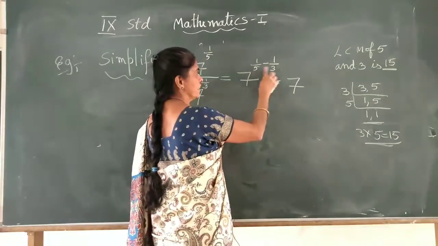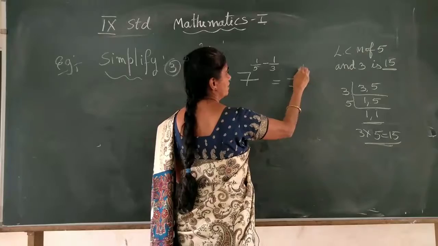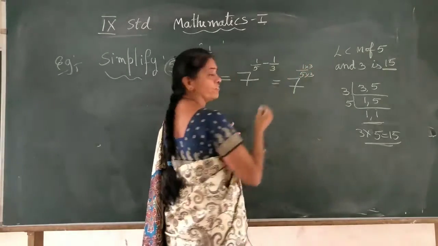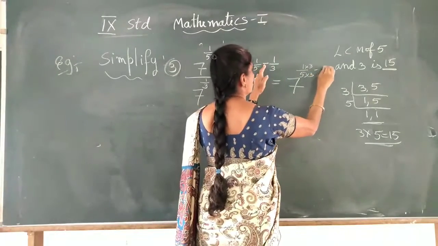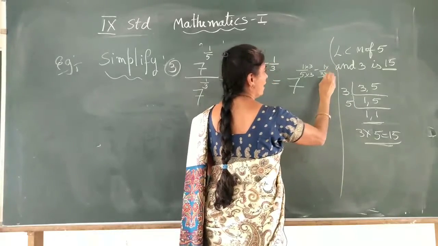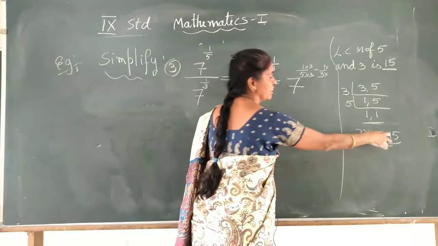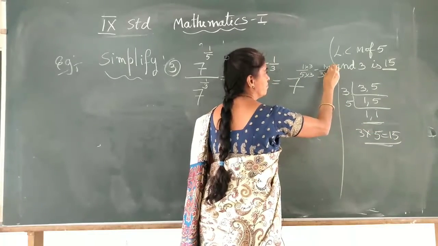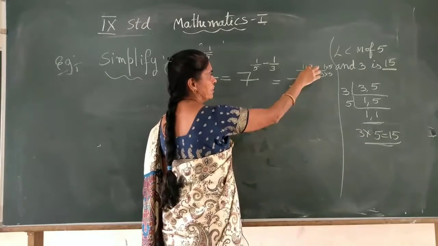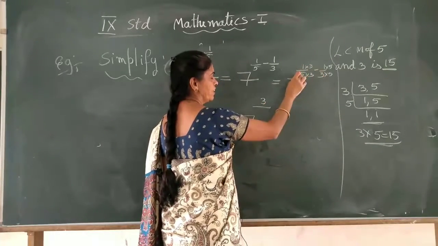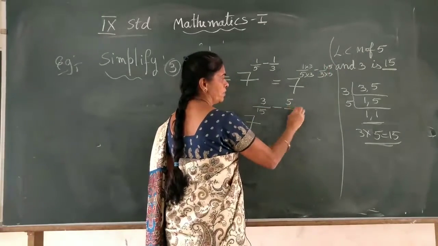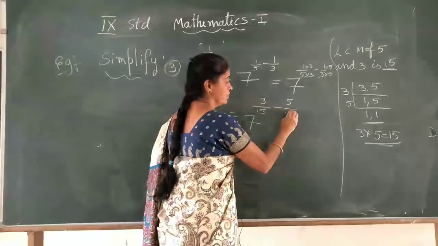So, you have to change this into 15. So, which number you have to multiply to make it 15? 5 threes are 15, right? Minus. So 1 by 3 is there. So which number you have to multiply to make 3 into what is equal to 15? 5. I will write it here: it is equal to 7 to the power of 3 ones are 3, 5 threes are 15, minus 5 ones are 5, 3 fives are 15, right?